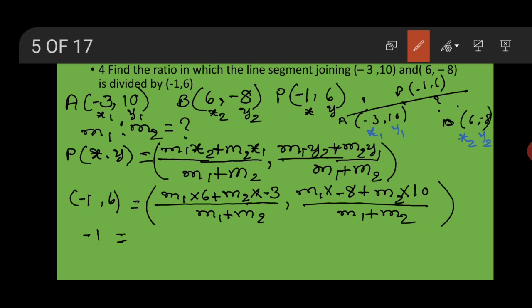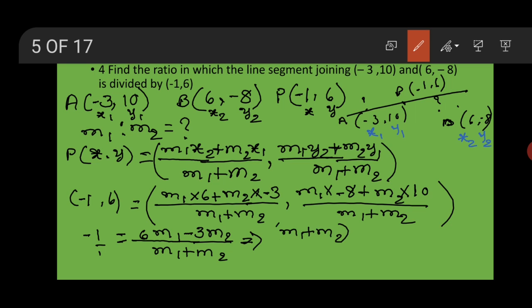Now I will equate x coordinates, right? So minus 1 is equal to m1 into 6, that is 6m1 minus 3m2 divided by m1 plus m2.